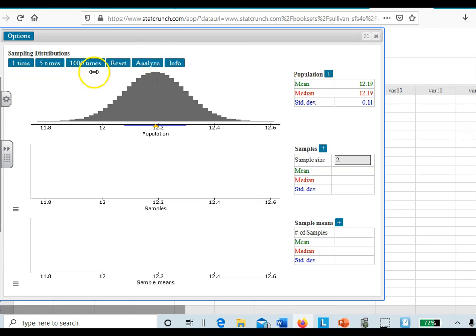All right, so we're going to do samples of size 10. We will talk about later on what sample size we want to use, but for now we're just using 10 because that's what the problem said.